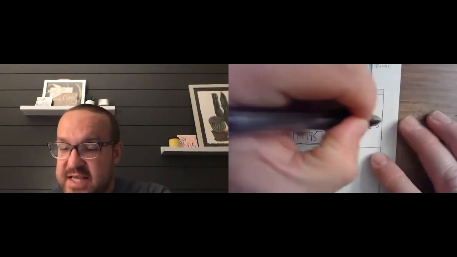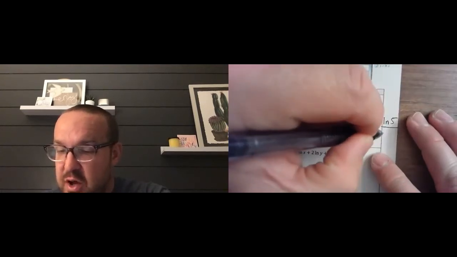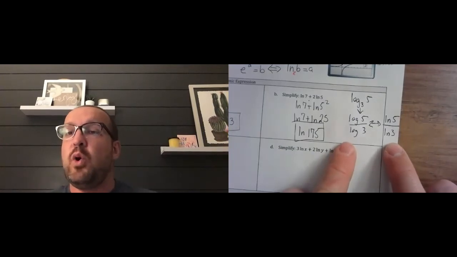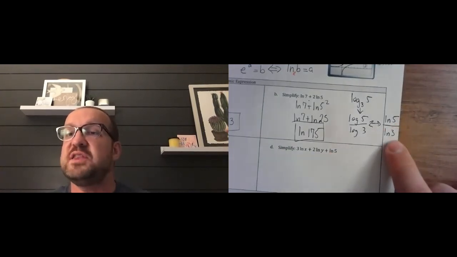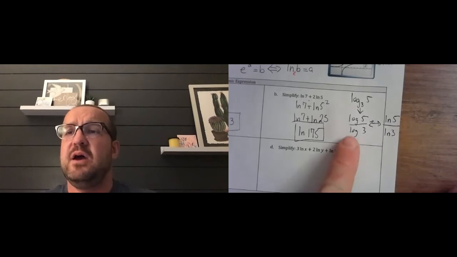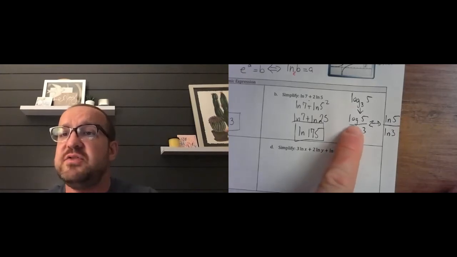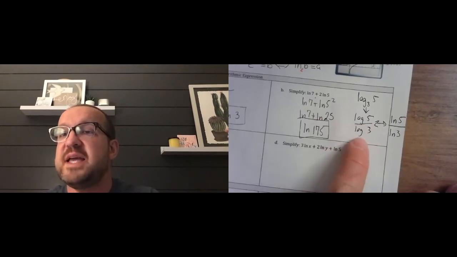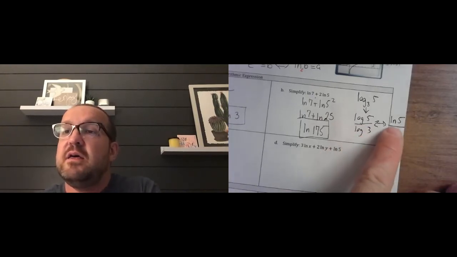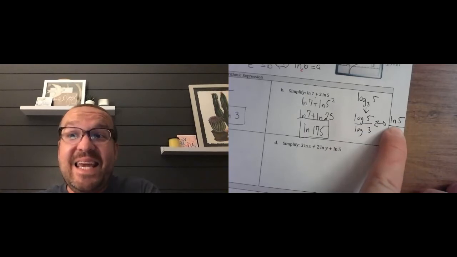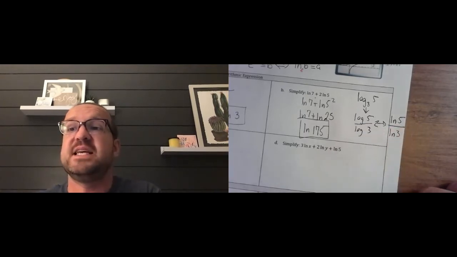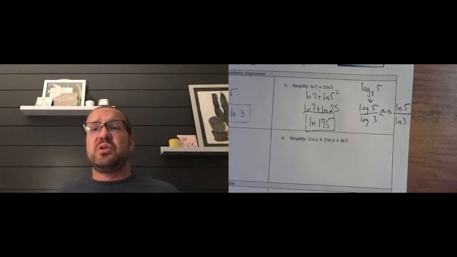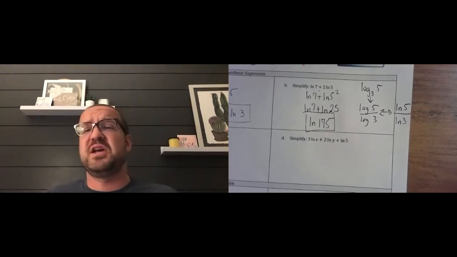These are the exact same if I take the natural log of 5 over the natural log of 3. This works because the bases are the same on the top and the bottom. The bases were 10 here, log base 10 of 5, log base 10 of 3. This is a log base e of 5 and a log base e of 3. So we can really use the natural log for this change of base formula.